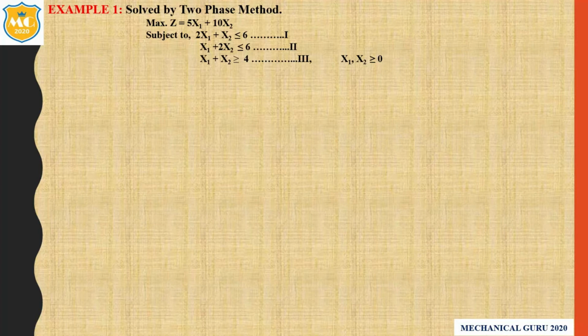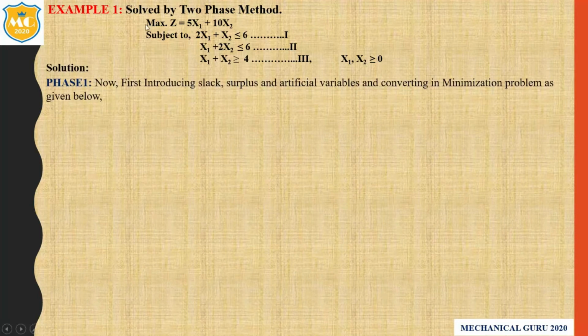So first we have to convert the objective function in phase 1 as per the steps. First, introduce the slack variable, surplus variable and artificial variable, and convert to a minimization problem. Here the problem is maximization, but in phase 1 we always consider minimization, whether the problem is maximized or minimized.